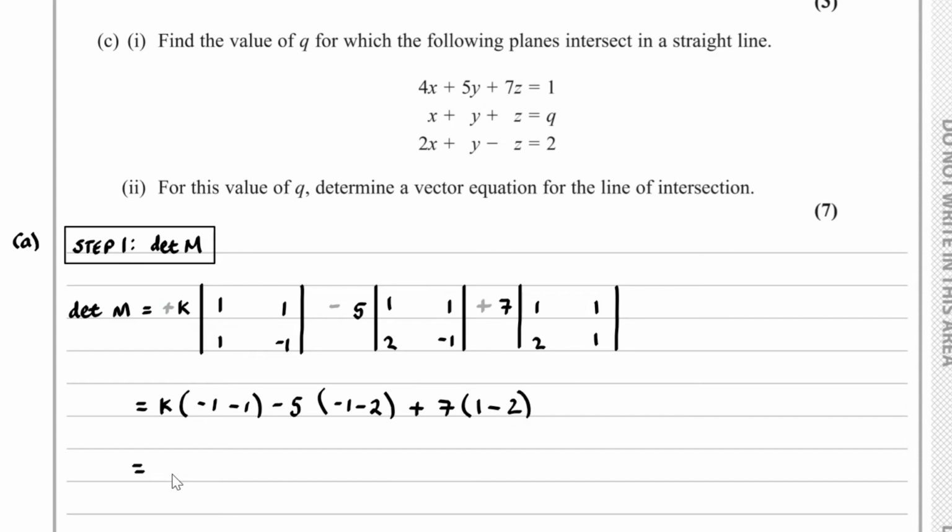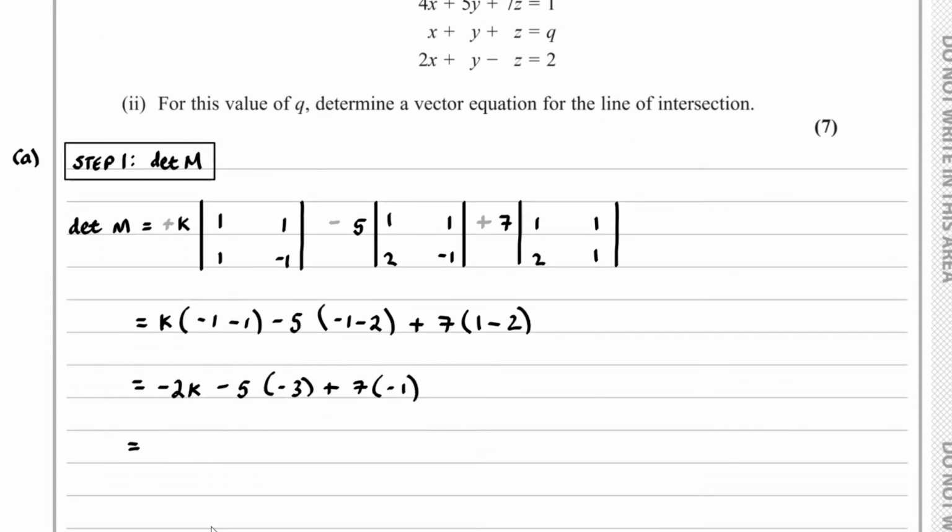So working this out, we have minus 2k minus 5 lots of minus 3 plus 7 lots of minus 1. So if we tidy all this up, you can see the determinant is 8 minus 2k.